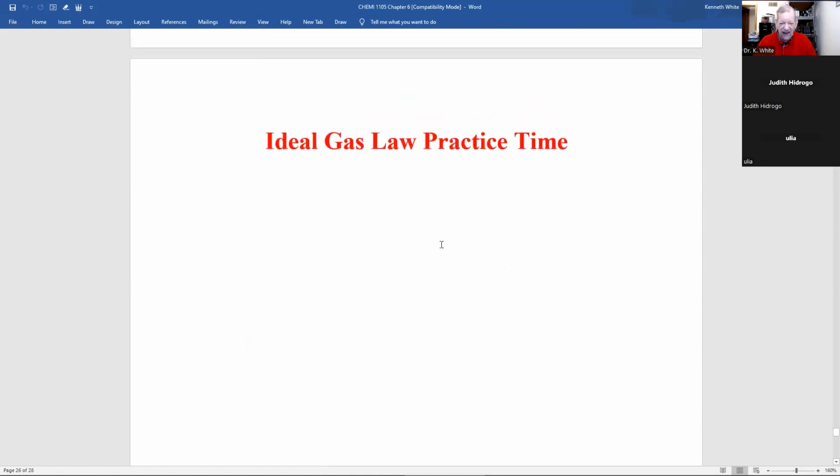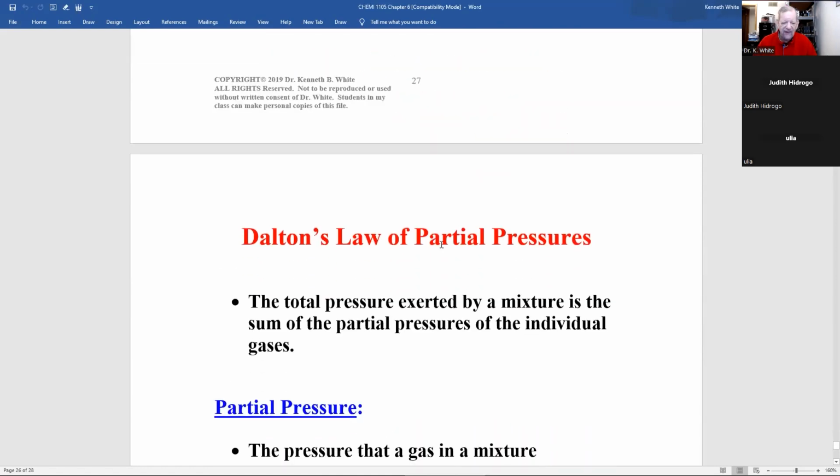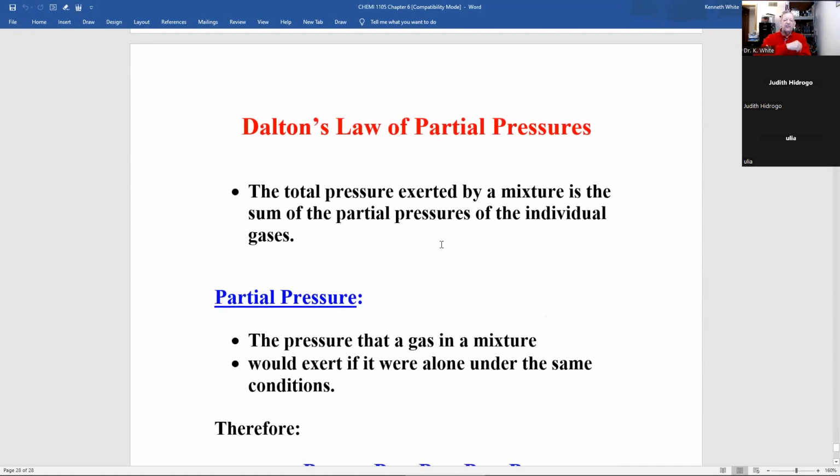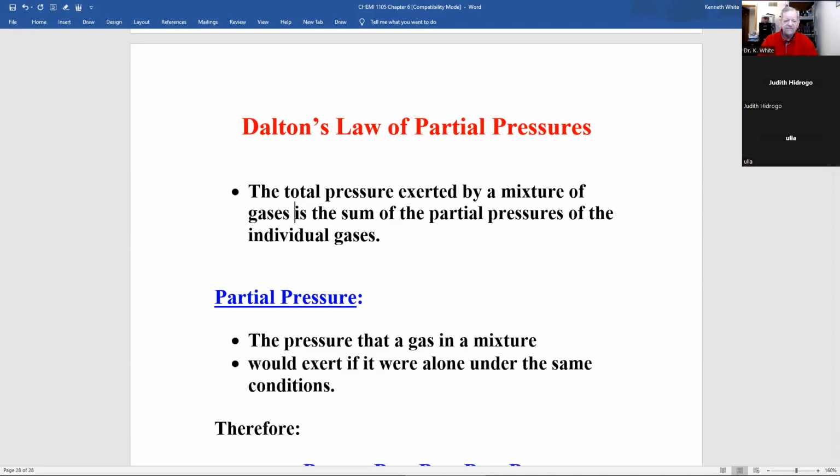We did our ideal gas law practice time, and let's talk about Dalton's law of partial pressures. Now, Dalton is a great English chemist, and he came up with this law that the total pressure exerted by a mixture of gases is the sum of the partial pressures of the individual gases.